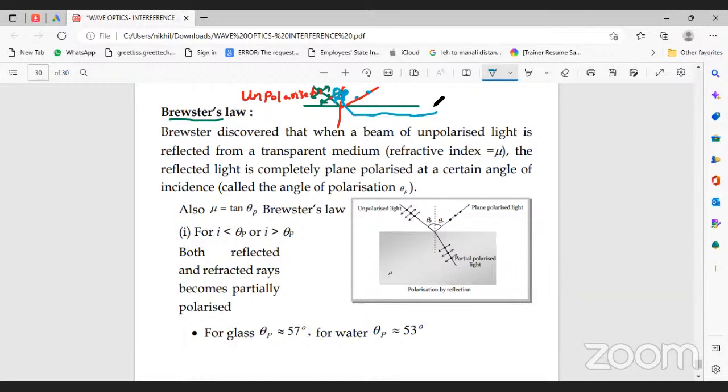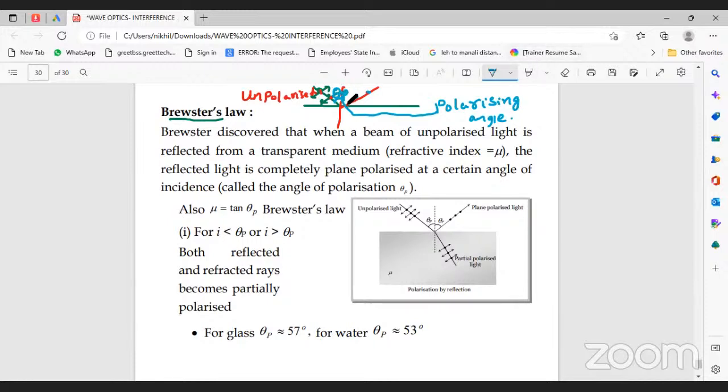What is the polarizing angle? It is the angle of incidence for which the reflected ray is completely polarized.